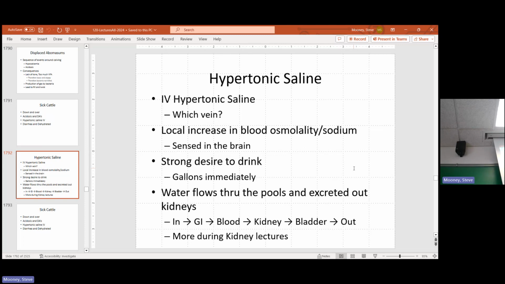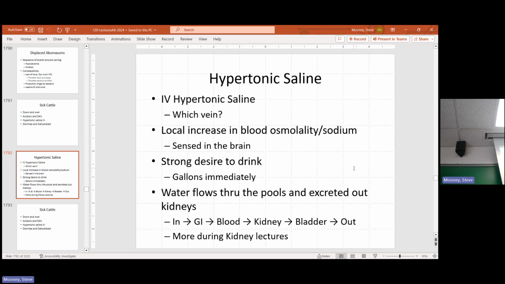Have a very strong desire. We're talking about consuming at least 5 gallons, maybe 10 immediately. Those two 5-gallon pails are usually gone. So the brain says, I need to drink and I need to drink fast.